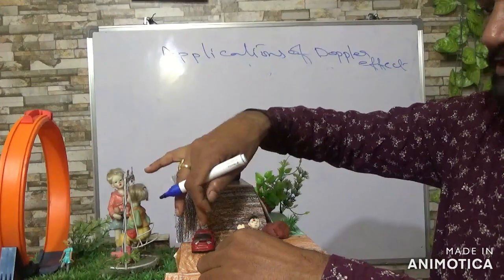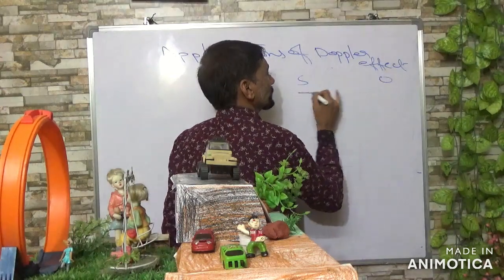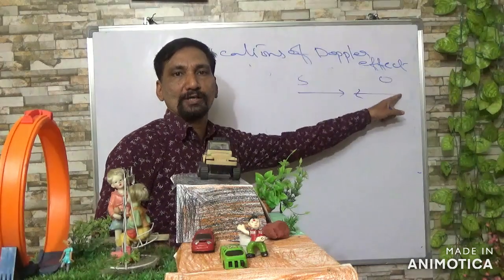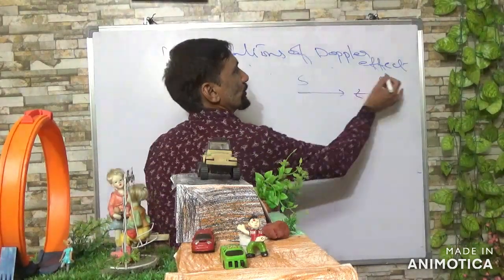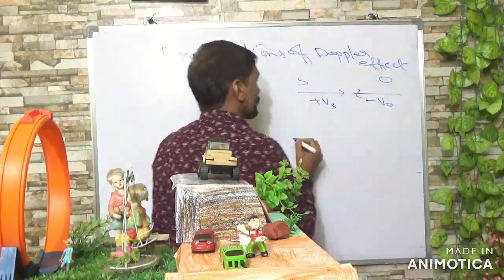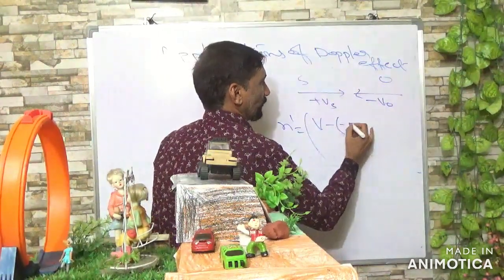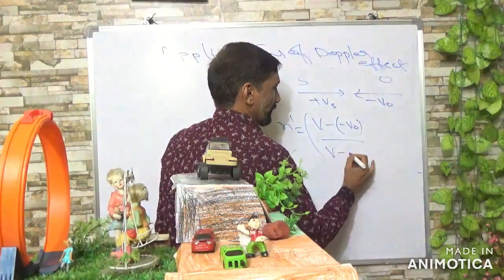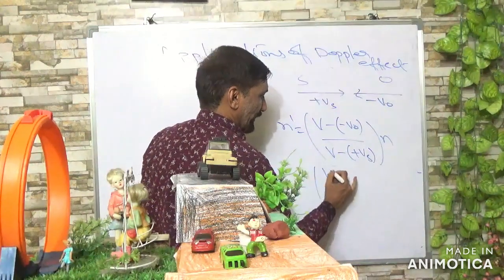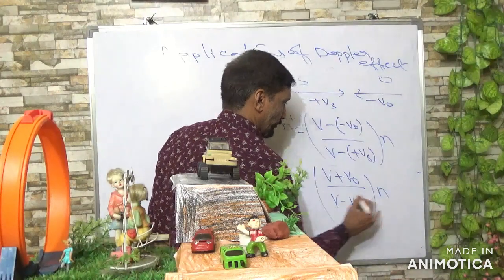One car is source and the other car is observer. Whenever source is towards observer, positive; observer towards source, negative. Now put in the formula: (V minus of minus V naught) by (V minus of plus Vs) into N. So you can write (V plus V naught) by (V minus Vs) into N.